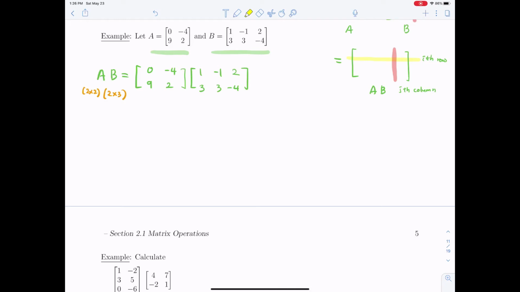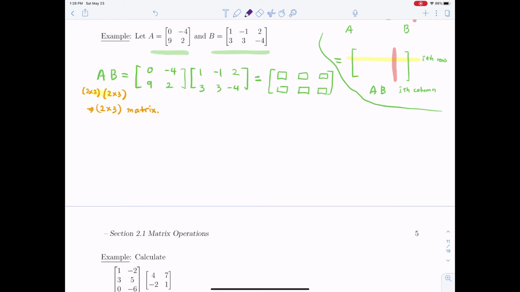Number one, these two numbers match each other, so we can take the matrix product. And number two, the resulting matrix should be 2 by 3. Therefore, AB has 6 entries, and we want to fill in these 6 different blanks.